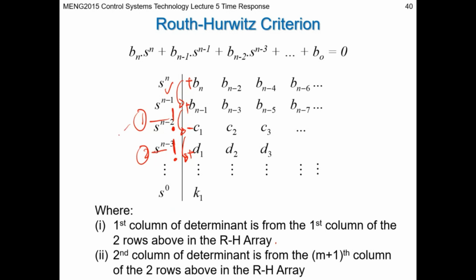So we'd have two changes. That means that we have two positive real roots, and therefore, the system is unstable. But if we were to go down and every one of these is positive, then there'll be no changes. Each of these is fine, and you'd have a stable system.